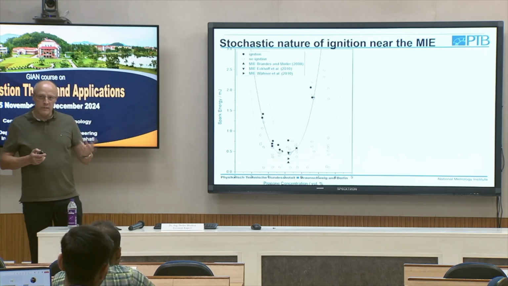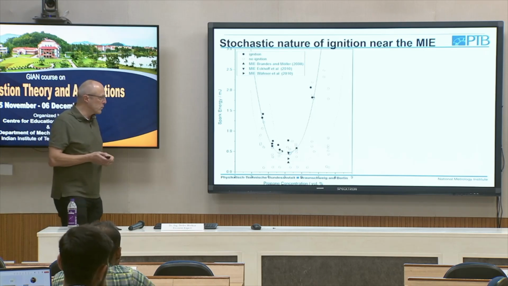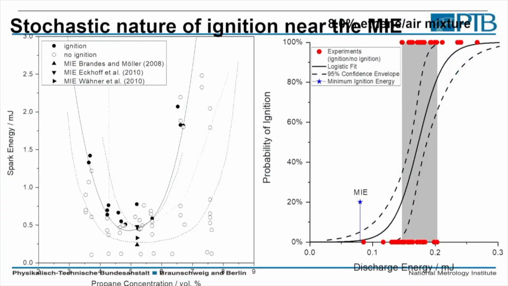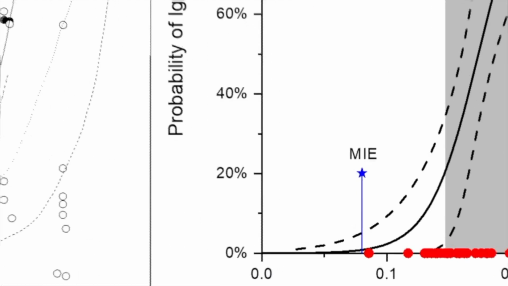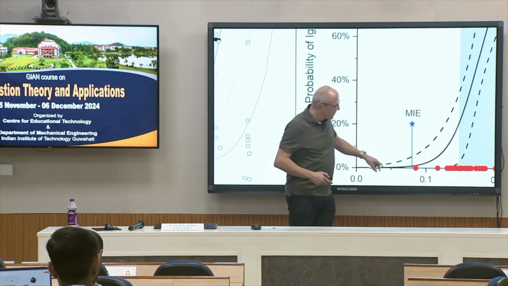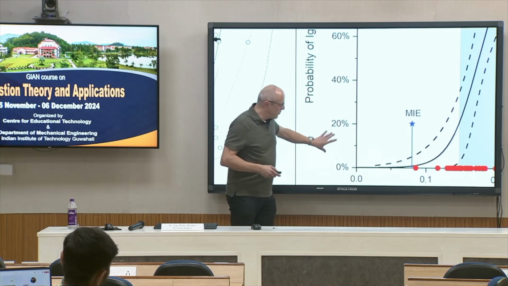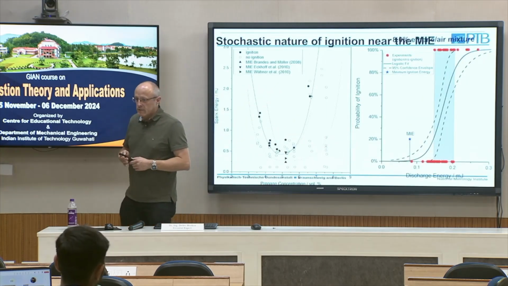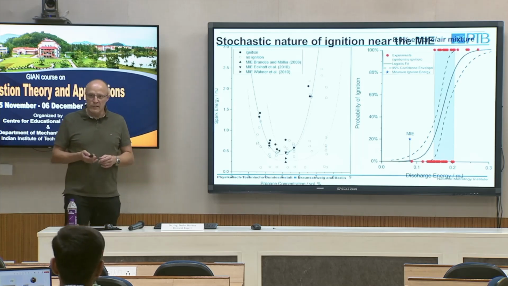It always depends on the type of experiment which was performed. And so here, for example, you see the probability of ignition near the minimum ignition energy. So 1 of 100 experiments should ignite. So the minimum ignition energy is somewhere here. So it is clear that there is, of course, also a large error on this number.